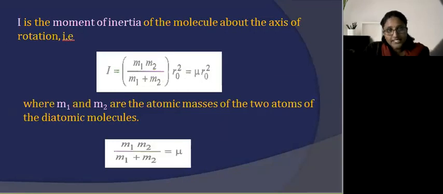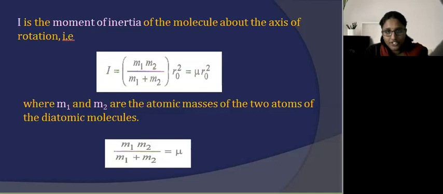I is the moment of inertia of the molecule about the axis of rotation. For linear molecules, IA is equal to 0 and IB and IC exist and are not equal to 0.